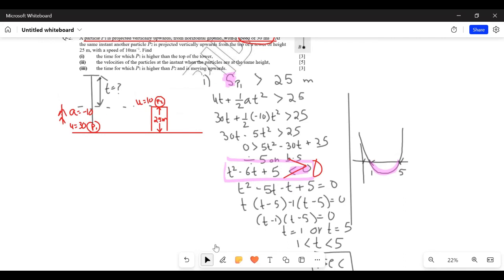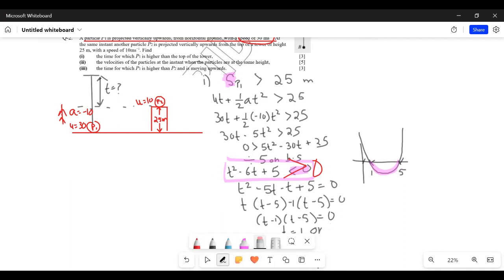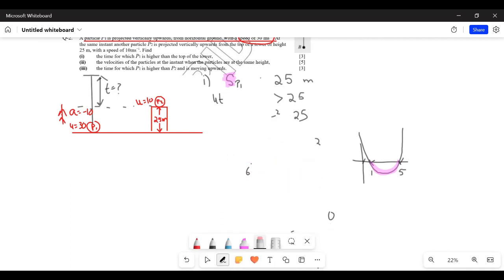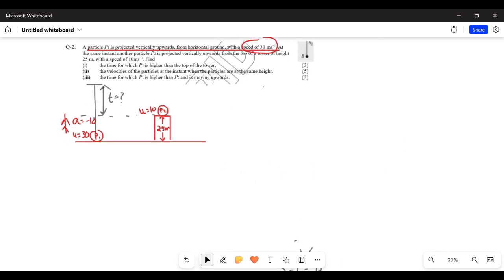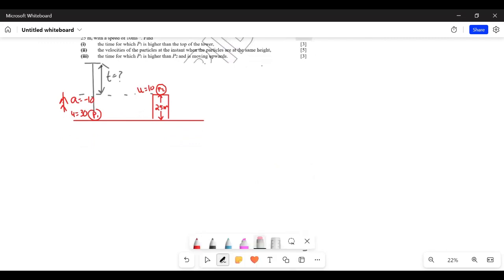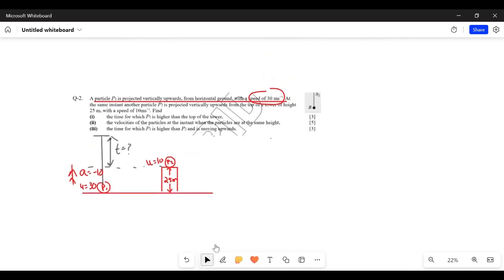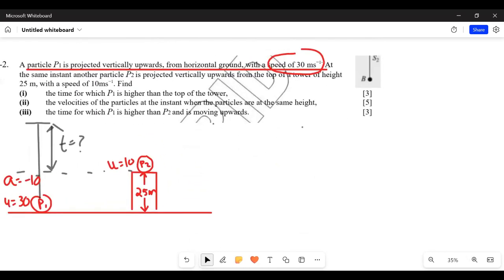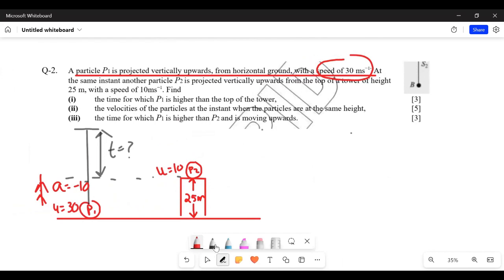Okay. Part 2, the velocities of the particles at the instant when the particles are at the same height. So when the two particles are at the same height, what should be the velocity of each particle? So let's see. We have to find the velocity at which both particles are at the same height.